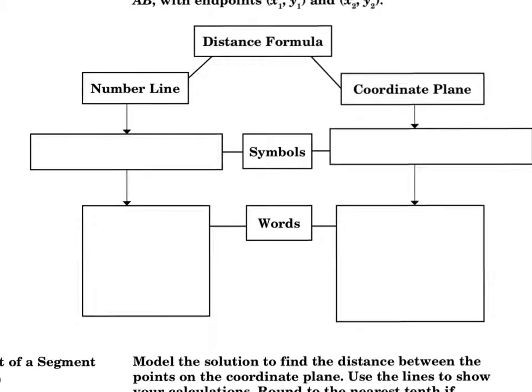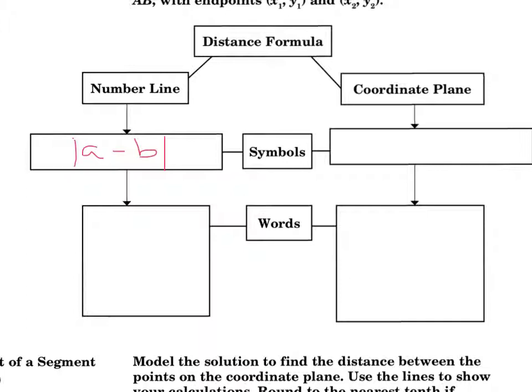Okay, next thing we're going to look at the distance formula, and we're going to just simply use this flowchart. We're going to put the symbols here and then write our words, which is the easier way to remember it. Alright, so on a number line, I wrote it already for you, my bad. It is the absolute value of A minus B. We're just going to take those 2 points and subtract them.